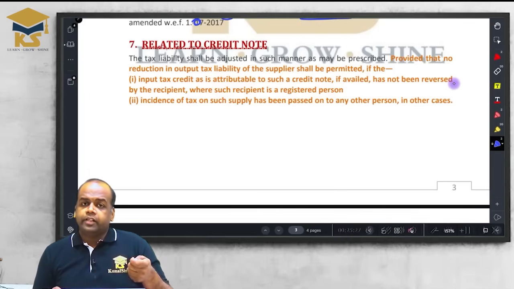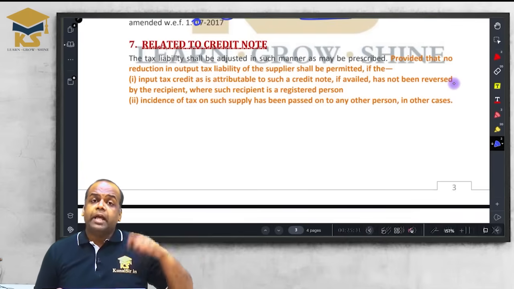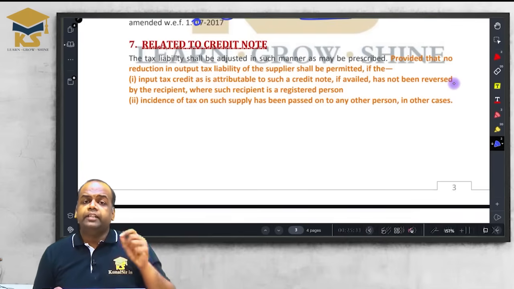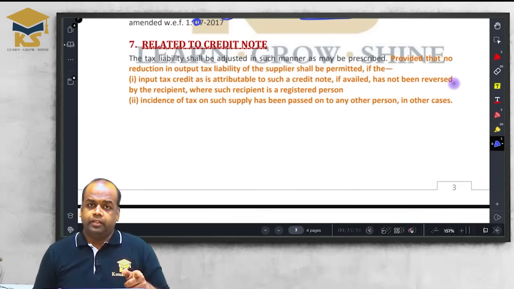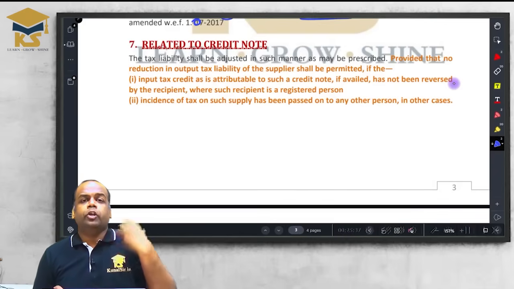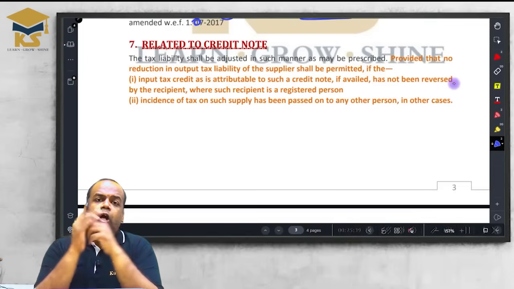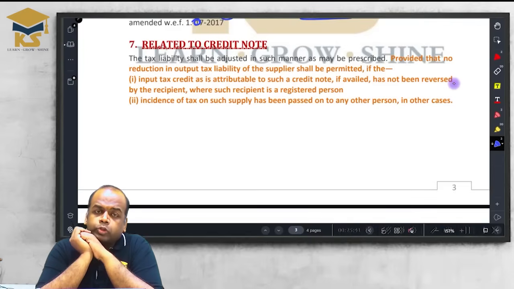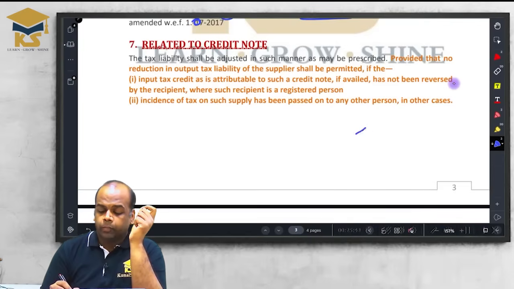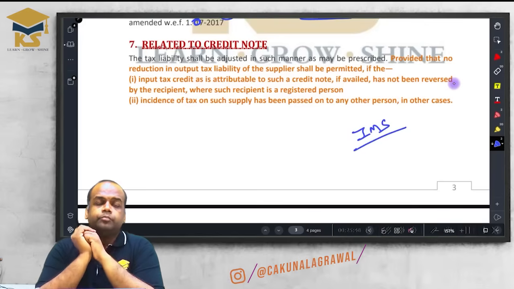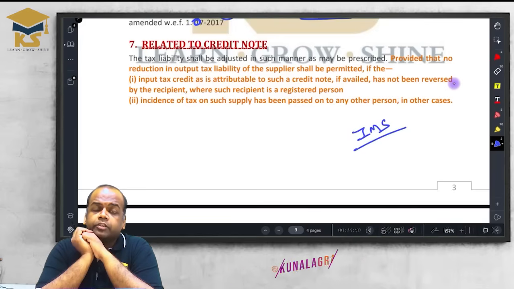So, I have issued a credit note. I have reduced my output tax liability. But if the supplier has not reduced its input tax credit, then I cannot reduce my output tax liability. Now, how will you know whether the supplier has reduced or not? For this, the government has introduced the concept of IMS, Invoice Management System.